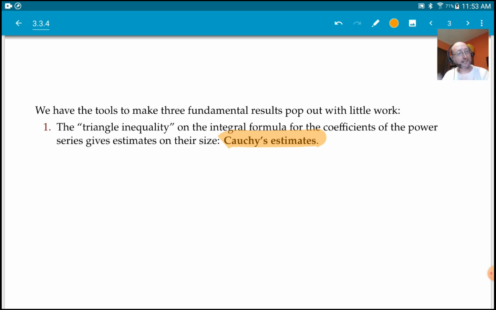So we're getting estimates on the sizes of the derivatives based on the shape of the domain, how large a disk you can fit in, and the maximum of the value of the function. So you can control derivatives in terms of the value of the function, which is very important and something that really only happens for holomorphic functions.